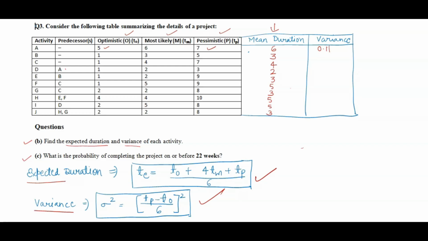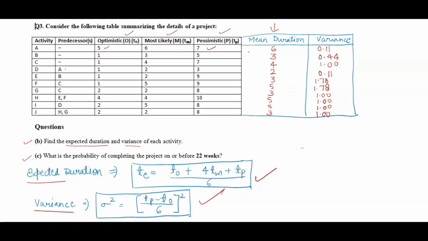Just apply the formula and you will get the variance for all activities. Second activity is 0.44, then 1.00, then 0.11, then 1.78, then F activity 1.78, then for the rest, G, H, I, J, it is 1. So this will be the variance.